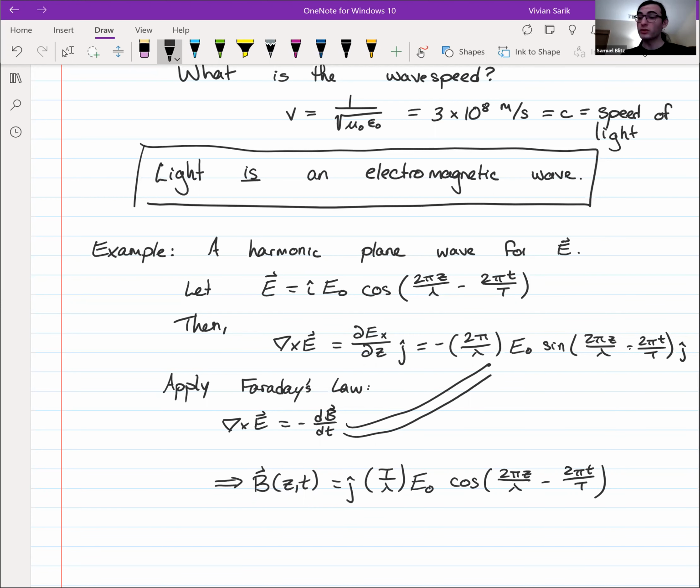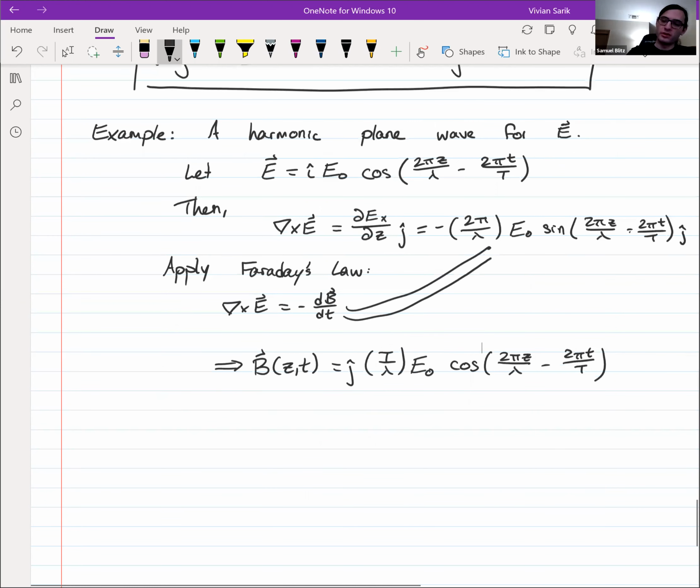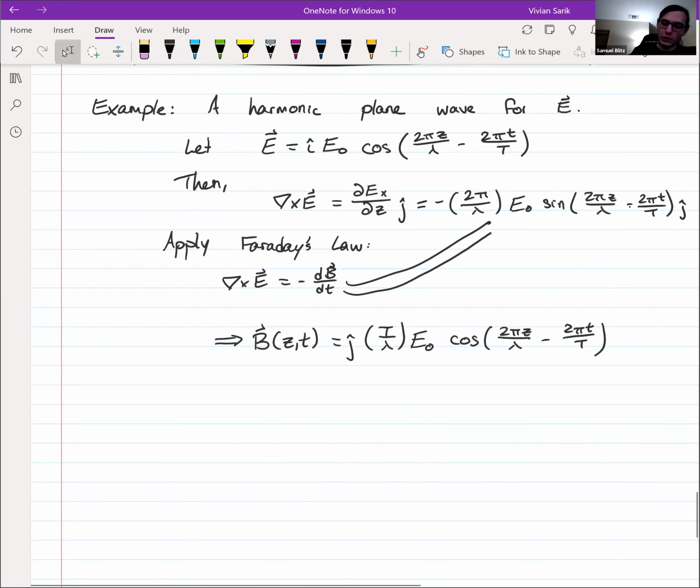And so we learn something from this. What conclusions can we draw? The electric field and the magnetic field have the same wavelength and period.